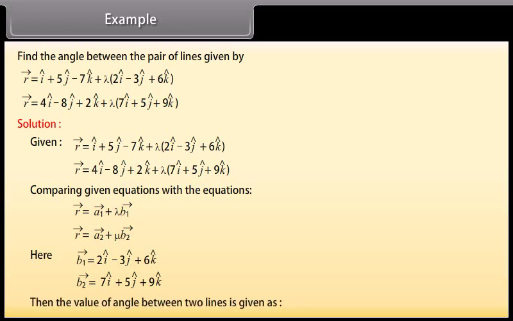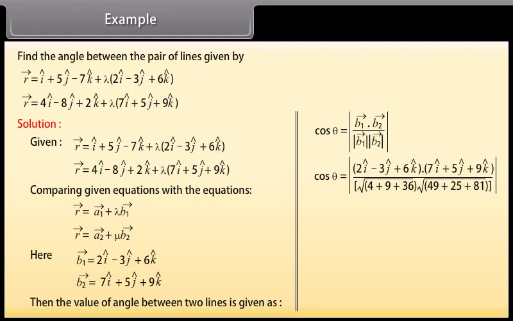Then the angle between the two lines is given by cos theta equals the modulus of (vector b1 dot vector b2) by (modulus of vector b1 into modulus of vector b2). So cos theta equals the modulus of the dot product of (2i minus 3j plus 6k) and (7i plus 5j plus 9k), divided by the square root of (4 plus 9 plus 36) into the square root of (49 plus 25 plus 81).